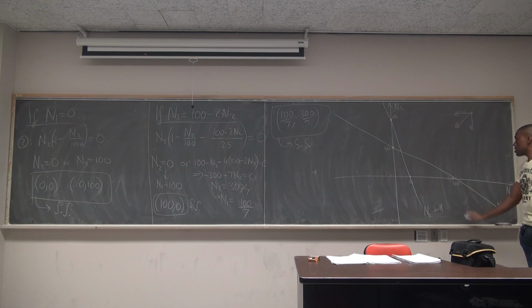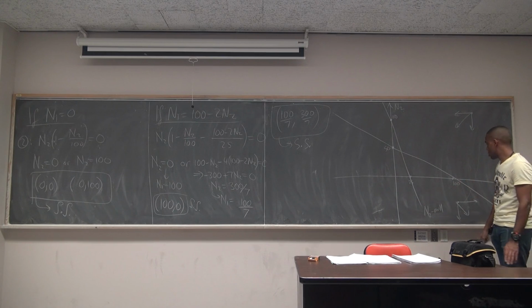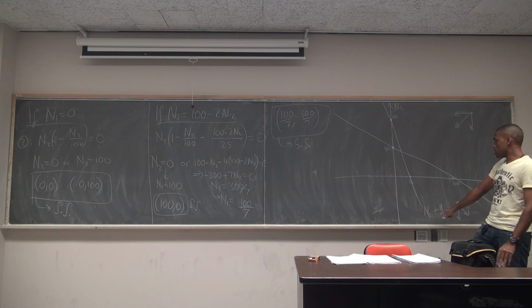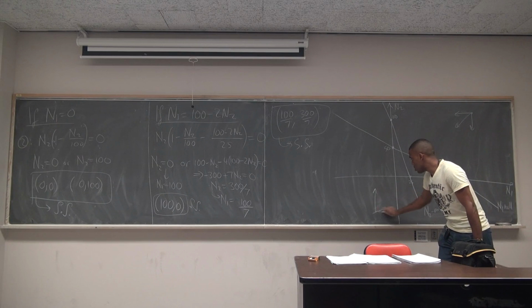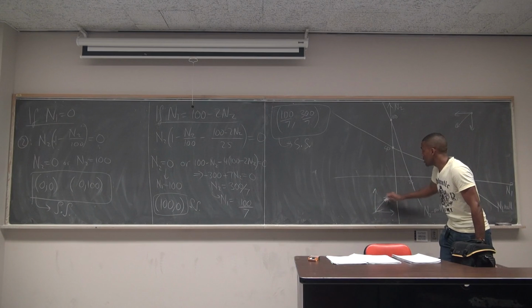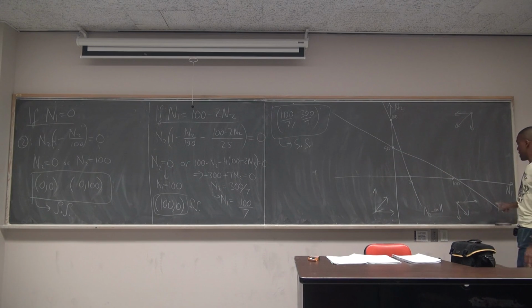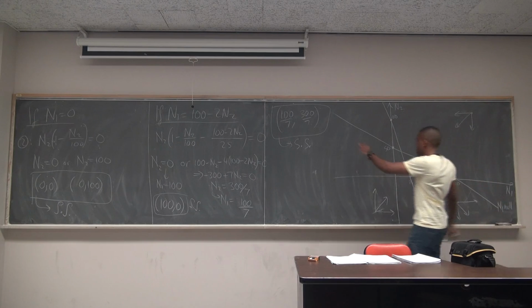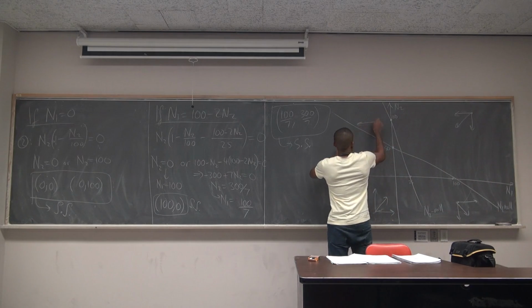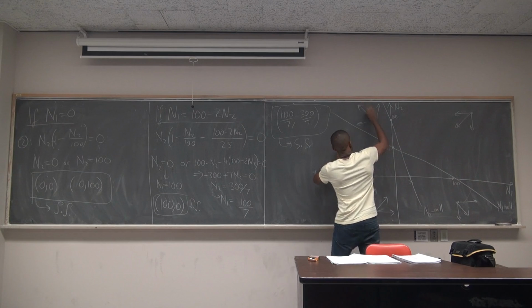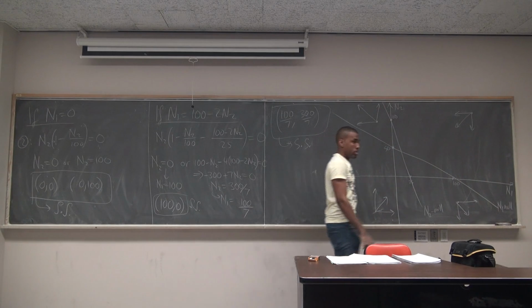If I jump over here, what happens? I passed over the n1, so my horizontal is going to change. And if I jump over here, my vertical is going to change. So it's going to go up and to the right. If I jump over here, left. I jumped over the n1, so it's going to go like that. So those are my arrow diagrams.